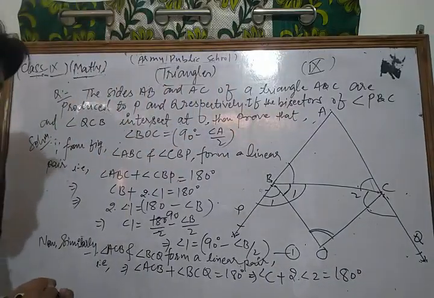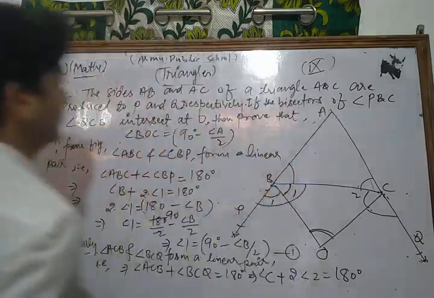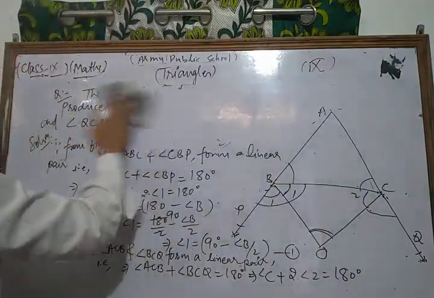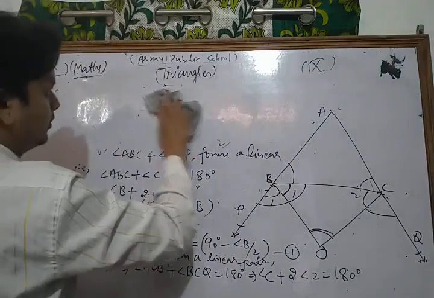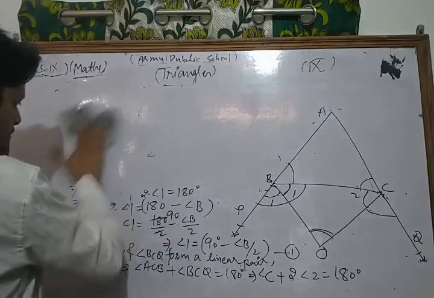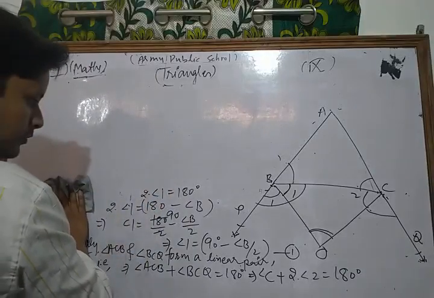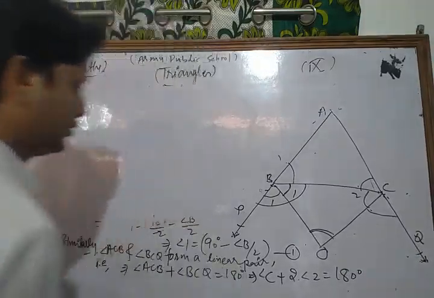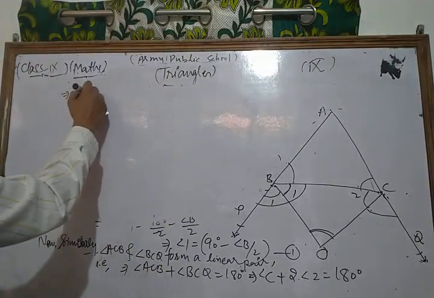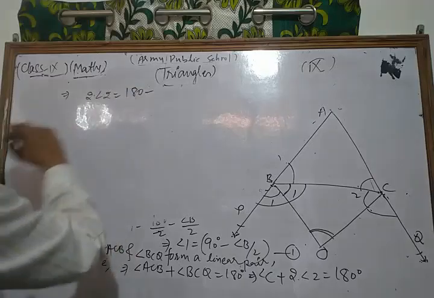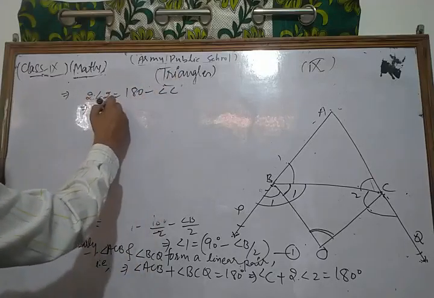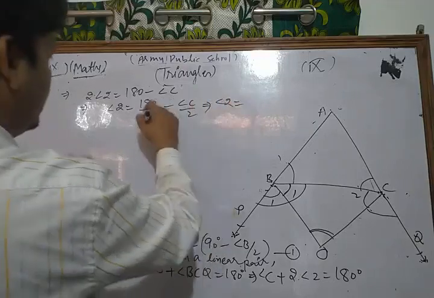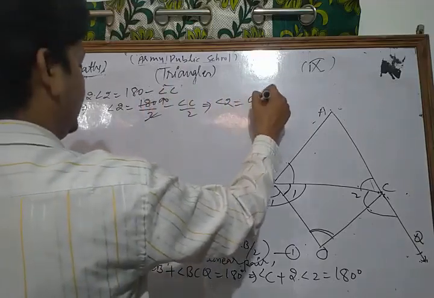Now, transferring angle C to the other side, 2 times angle 2 is equal to 180 degrees minus angle C, that is, angle 2 is equal to 90 degrees minus angle C by 2.